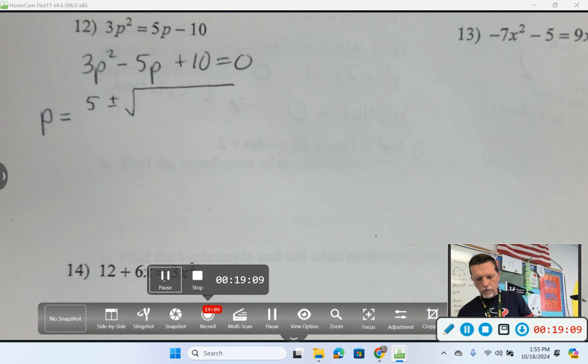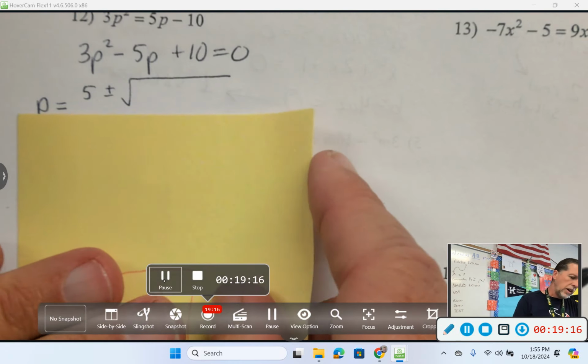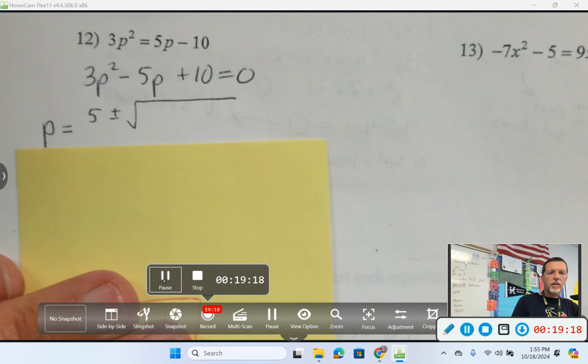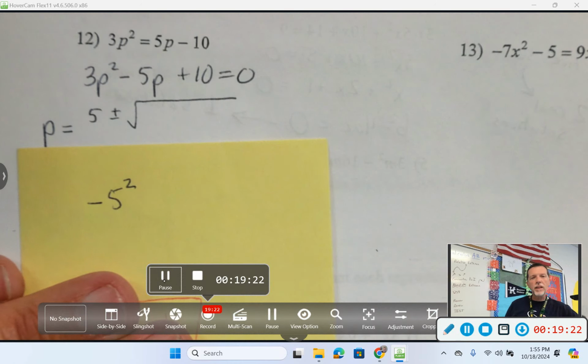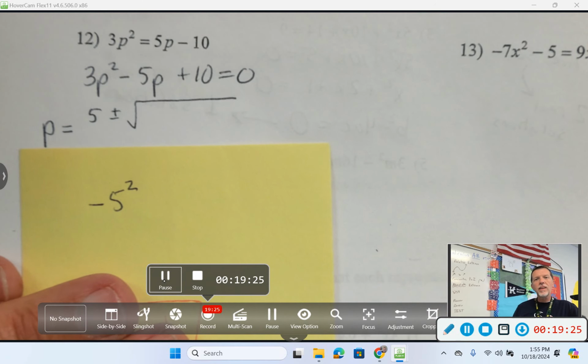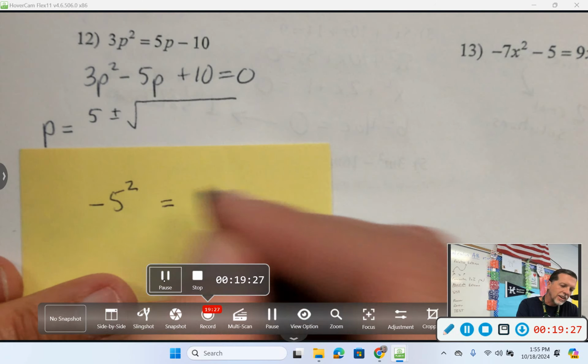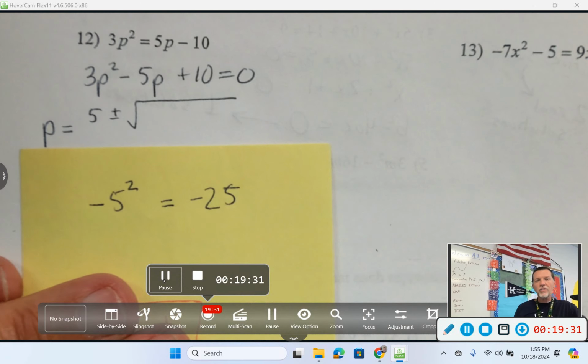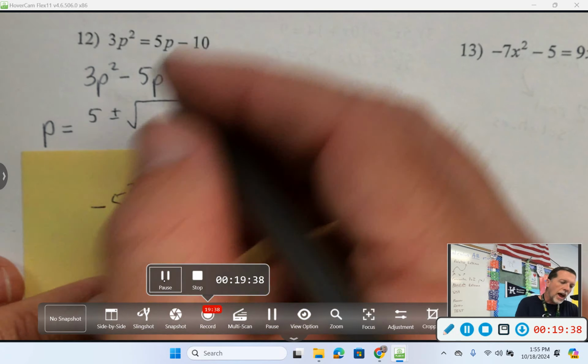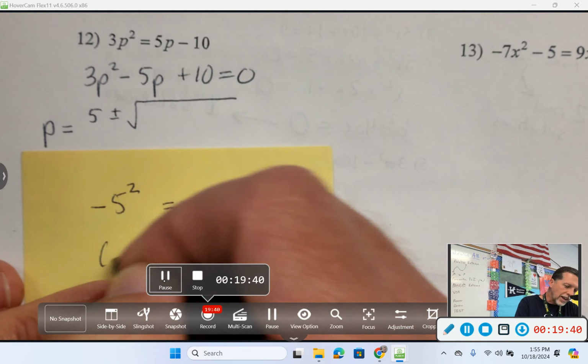Side note, here's why we are not using calculators yet. When it comes time to square negative 5, some of you are going to grab your calculator and type in negative 5 squared like that. And what's the answer to what I wrote down right there? That's negative 25, because that squares the 5 and then attaches the negative, which is what you told the calculator to do, as opposed to squaring negative 5.